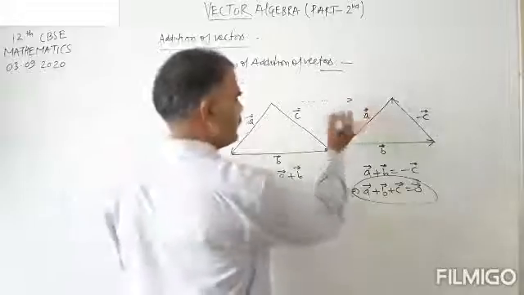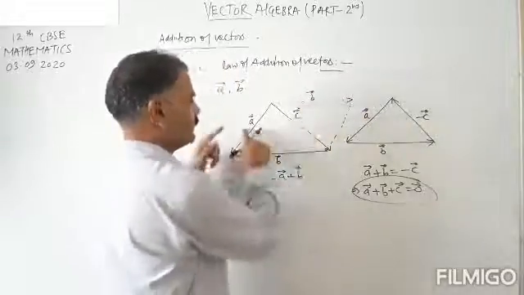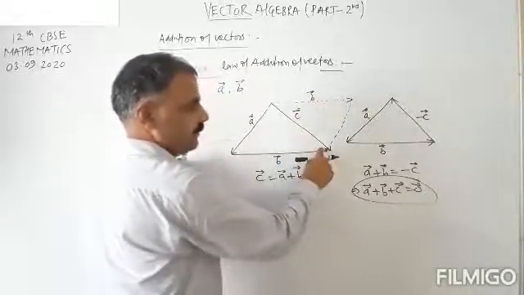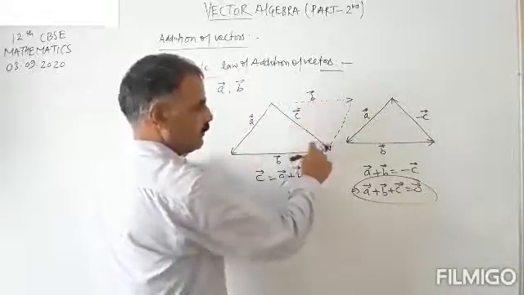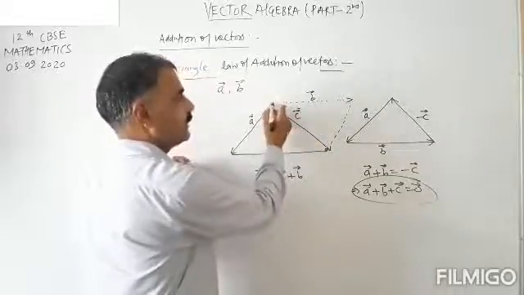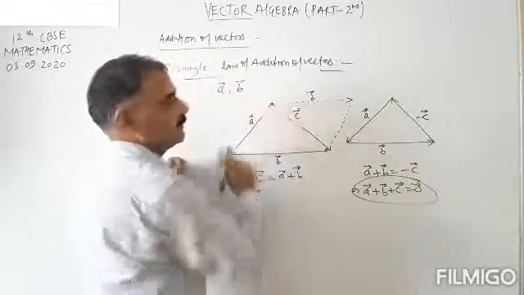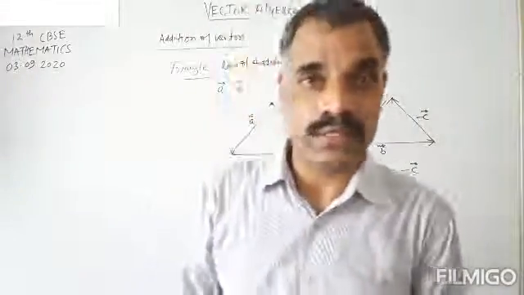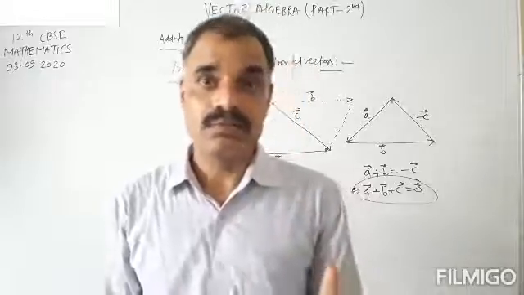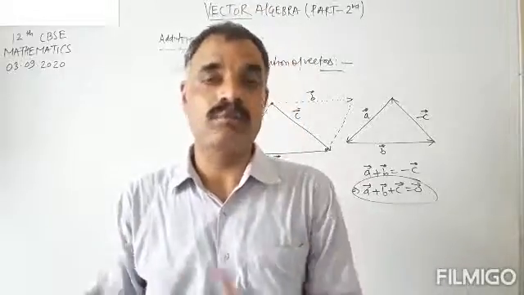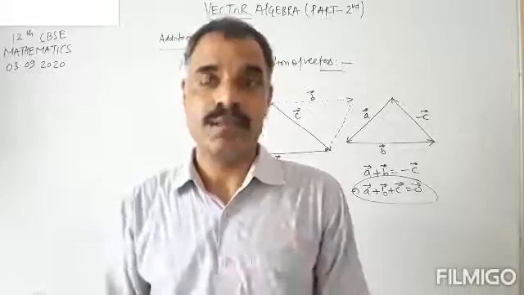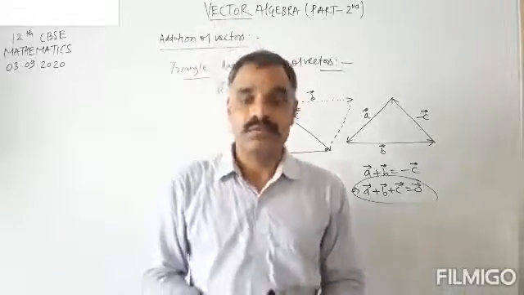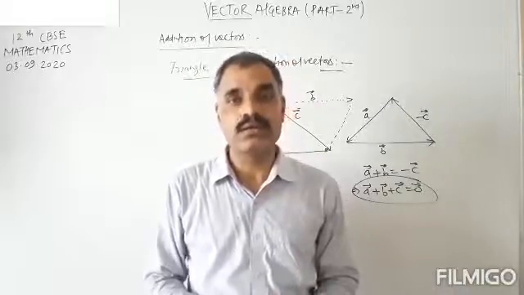This is A vector, this is B vector, and their sum is represented by the third vector C vector in reverse with the same initial point, that is this point. So both laws, triangle law and parallelogram law, are the same as far as vector addition is concerned. So this is all about the addition of vectors.